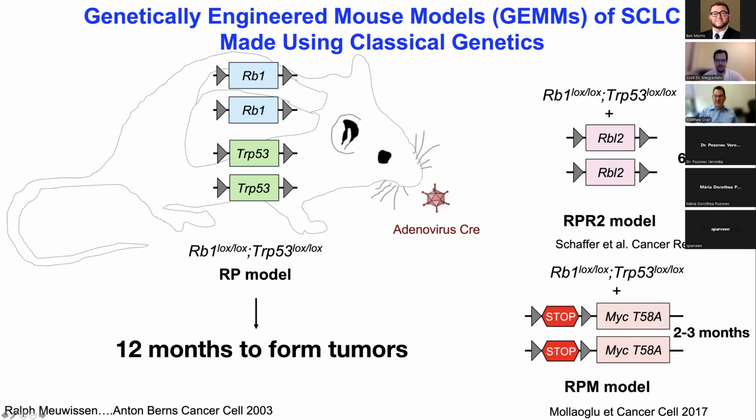That decreased the latency from about 9 to 12 months to 6 months, and many more lung tumors formed in the RPR2 mice compared to RB P53 mice.